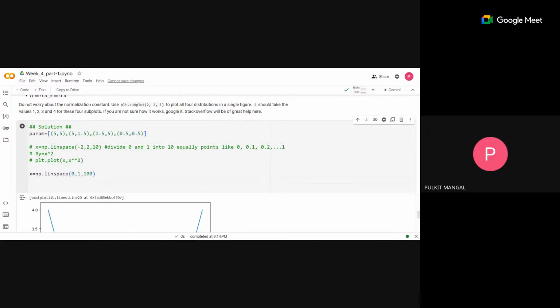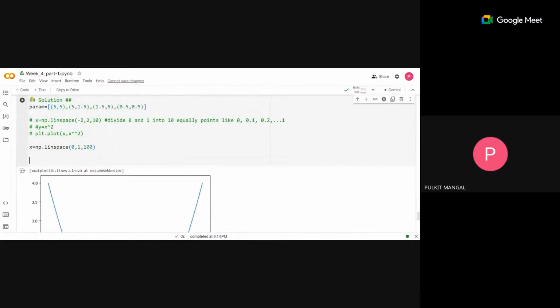So now we have taken this linspace. Next thing is we will use these parameters and plot the beta distribution graph. Does anybody remember the PDF for the beta distribution?